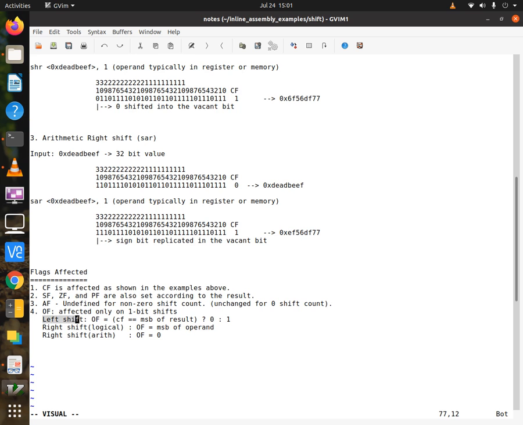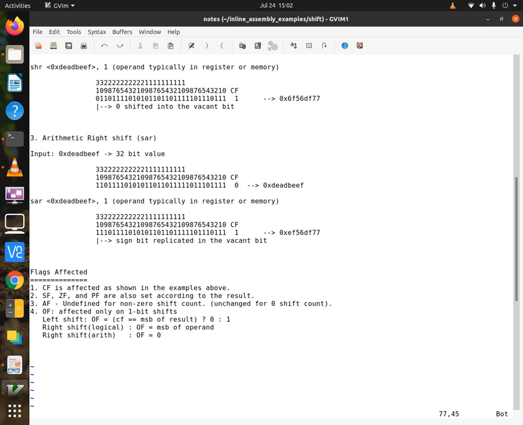If it is a left shift, the overflow flag is set if the carry flag and the MSB of the result are unequal. What this essentially means is you're looking at the top 2 bits of the original operand. If the top 2 bits of the original operand are the same, after a left shift the carry flag and the MSB of the result are going to be the same, so the overflow flag will have a value of 0.